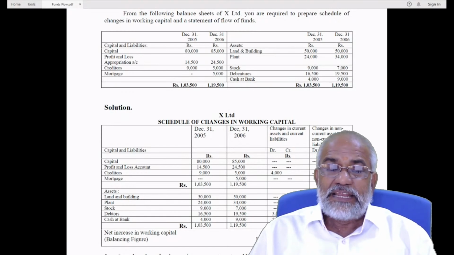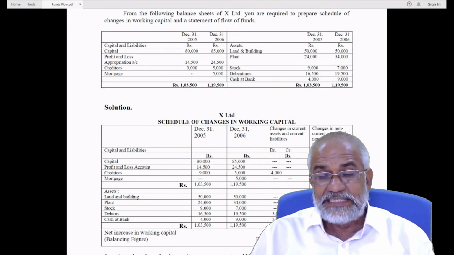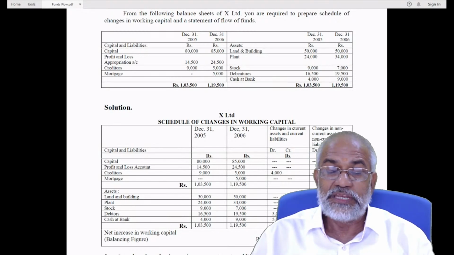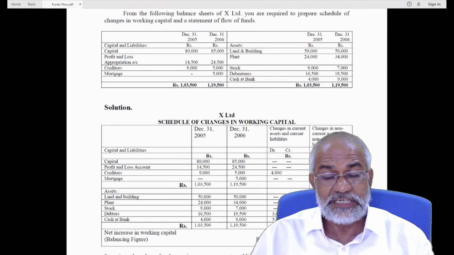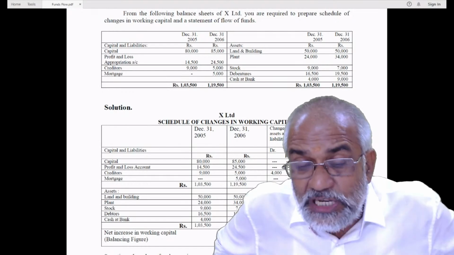So capital is a liability, and a liability always shows a credit balance. When the credit balance increases, it was 80,000 at the beginning and 85,000 at the end, meaning it has increased by 5,000. When a credit balance increases, it can be increased only by crediting.